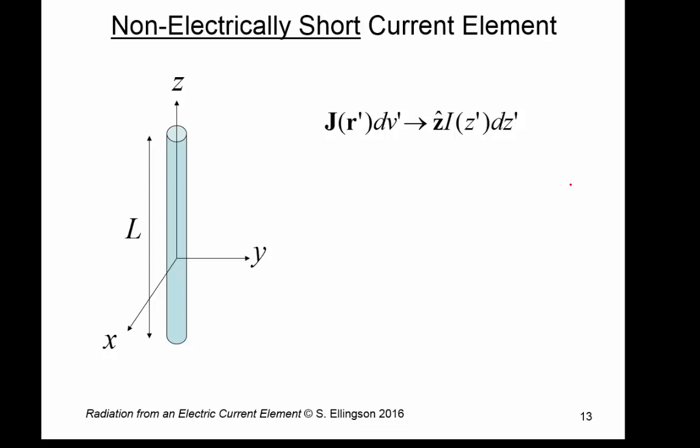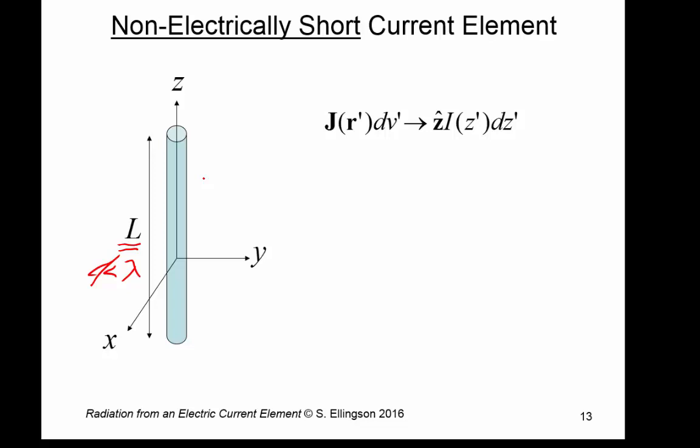Okay. Now let's consider what happens when we have a non-electrically short current element. Everything's the same here, except for two things. First, we have this length L, and L is not necessarily much less than a wavelength. The second thing that can happen is that the current density can vary over the current element.